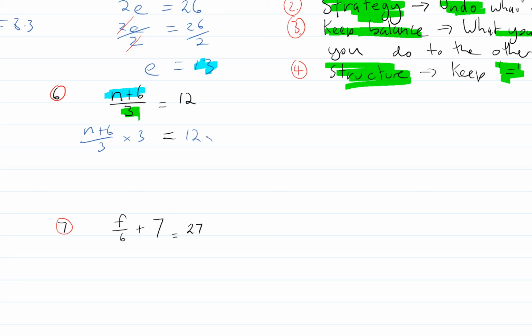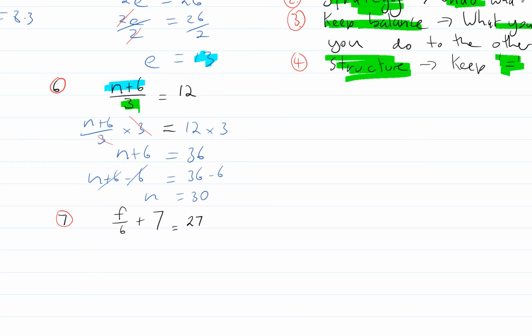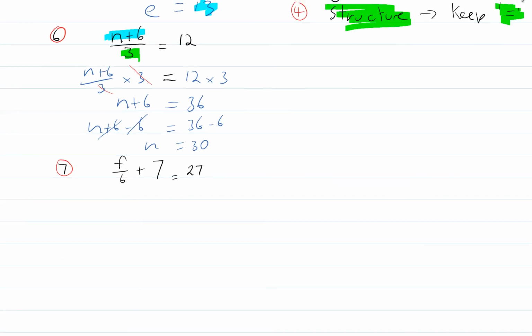I have to do the same to the other side of the equal sign. 12 times 3 is 36, and these 3's will cancel out, and I'm left with n plus 6. That's another simple equation now. N plus 6, I need to minus 6 from both sides, and I get cancel, cancel, n is equal to 30, and that's the answer.